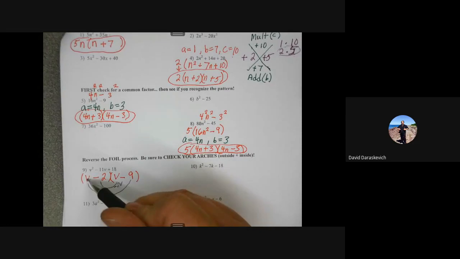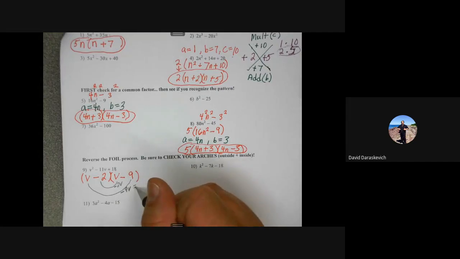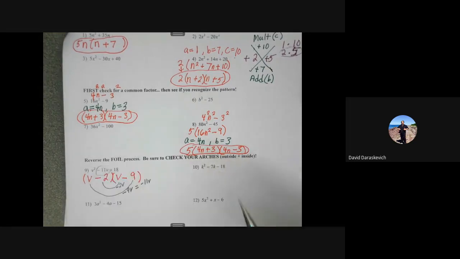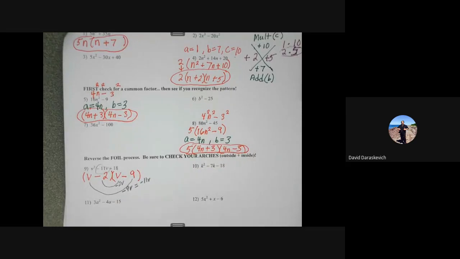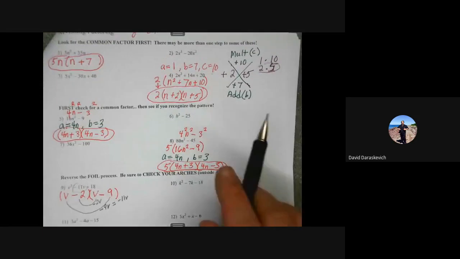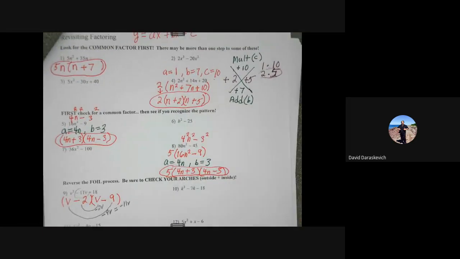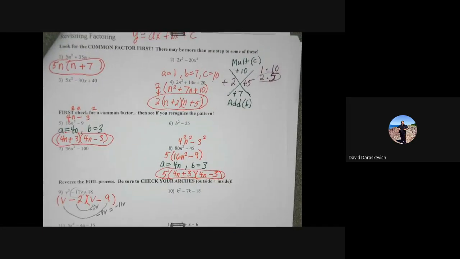If you multiply the outer on this arch, you get negative 9v. If you add those together, you get negative 11v, which is your middle term. Now, why they let you do this and not this, I don't know.